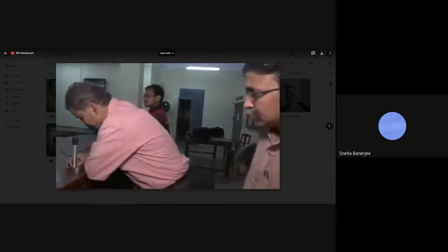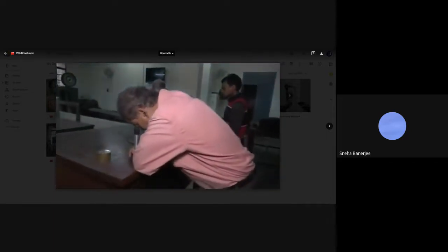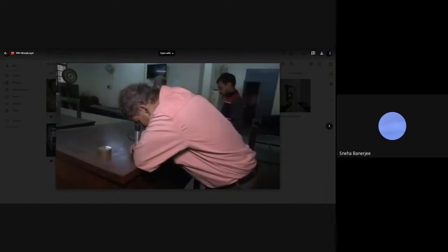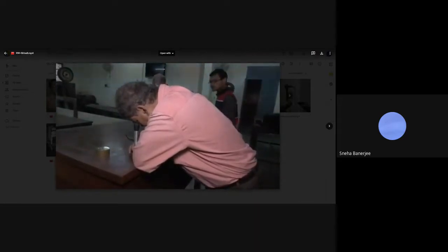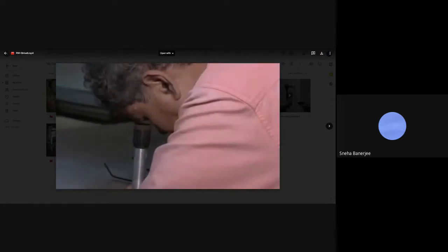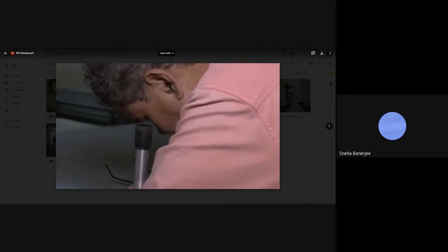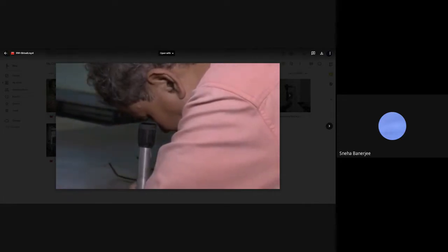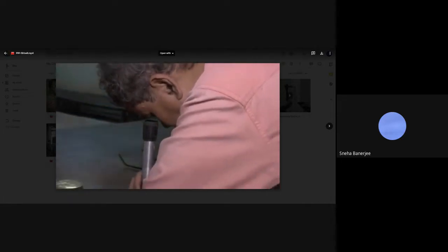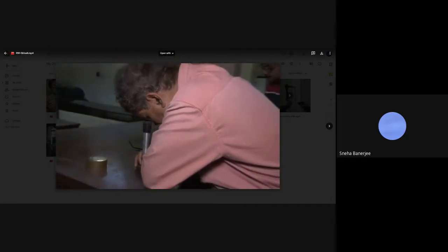Okay, he wants to get a closer view. Using the microscope, he is getting the value. How much is it? 60. 60. It is for steel.